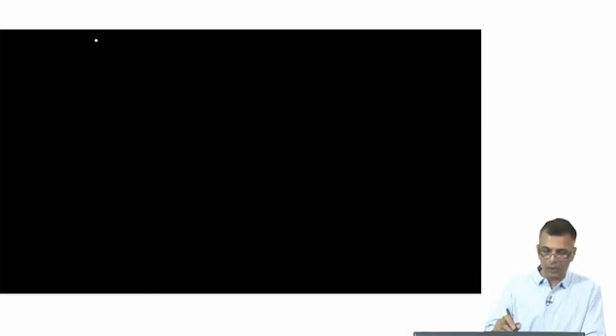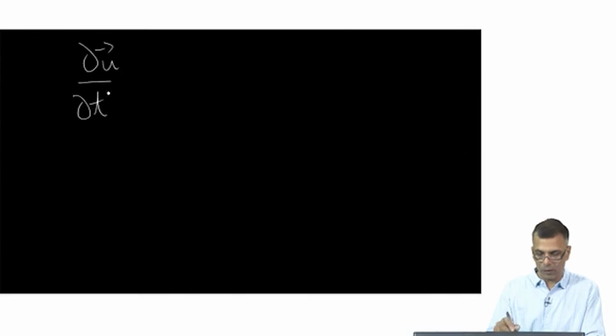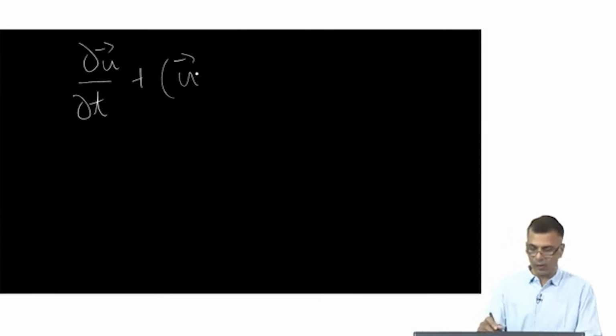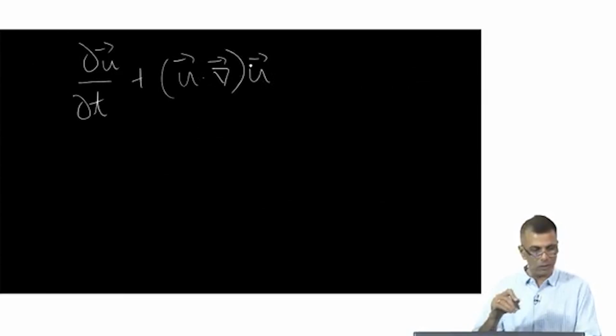So writing it down exactly in that spirit, the Euler equation, which is the momentum equation for inviscid fluids, and you should ask yourself, the moment you see a partial u partial t, you should know that we are writing this down in the lab frame, in the Eulerian frame.